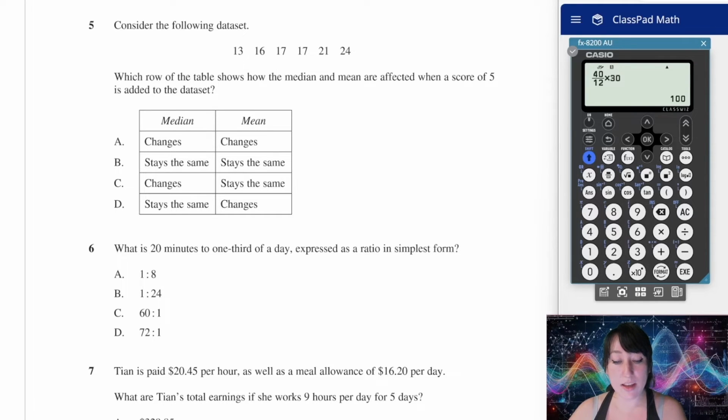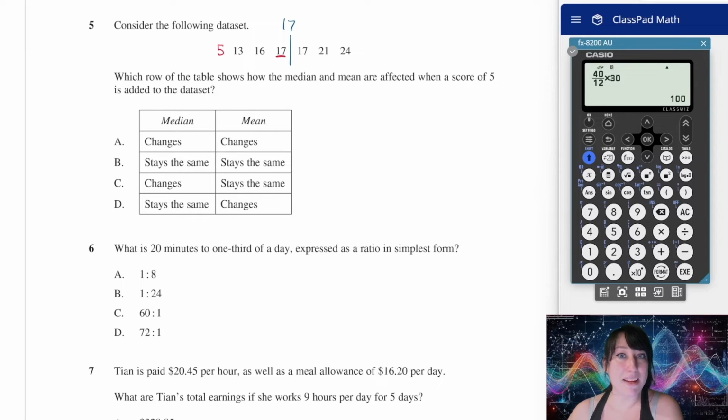So currently, the scores being in order, we'd have the median between the middle two scores, which would be 17. Now, if we add a score of 5, which is lower than the rest of the scores, it would be over here. And the new median would be located at the middle score, which would be 17. And so adding the 5 into the scores does not actually change the median in this case.